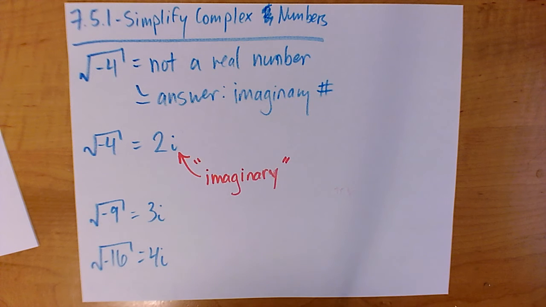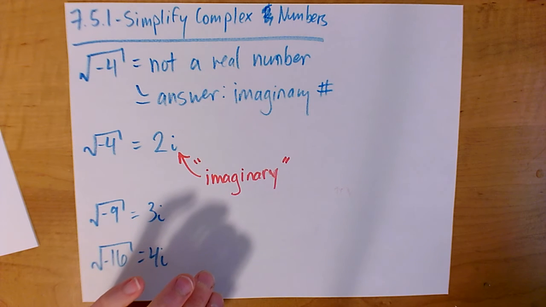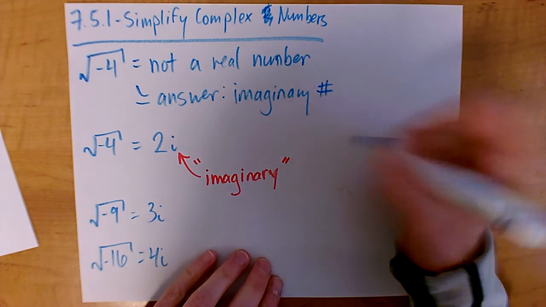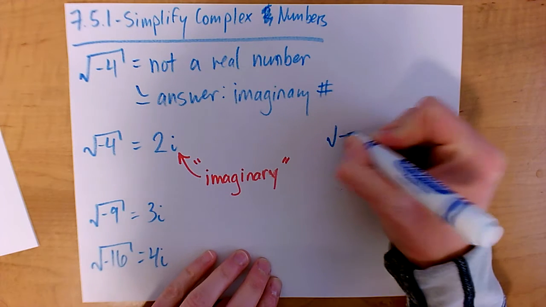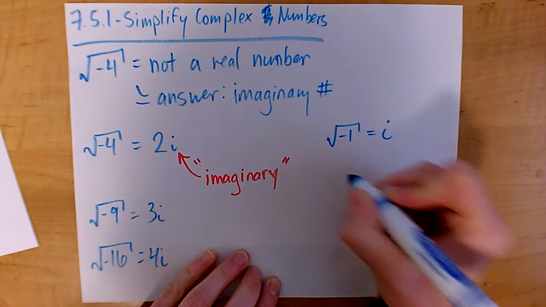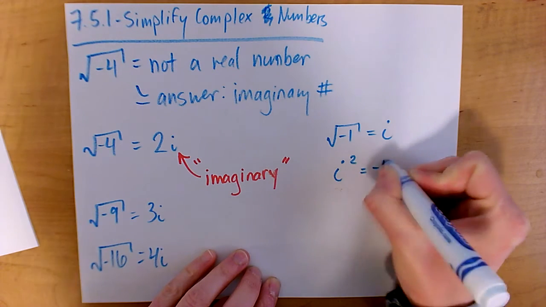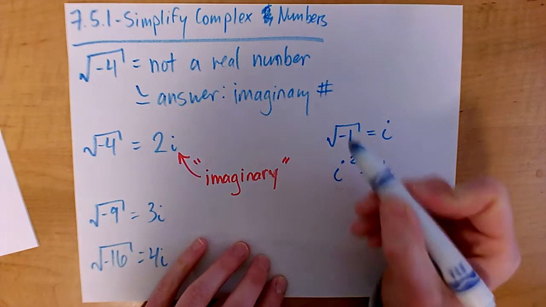And then the other thing that I want to say, there are a few things in this that you should memorize. You should memorize the fact that the square root of -1 is i, and you should memorize the fact that i squared is -1. Okay?